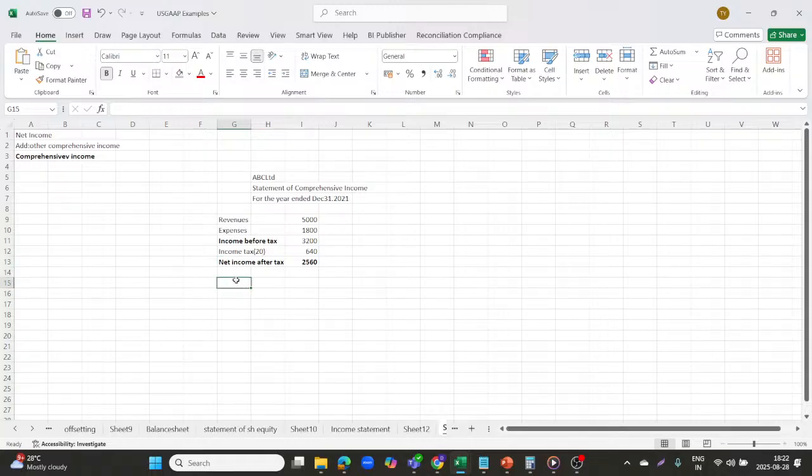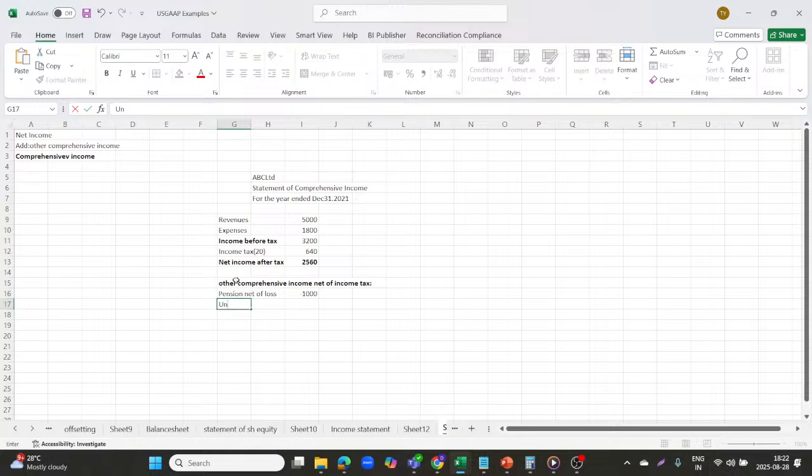Now we have to show here other comprehensive income, net of income tax. So what is the comprehensive income which does not become part of your income statement? Like pension net of losses, so you can have pension net of losses of, suppose, 1,000.